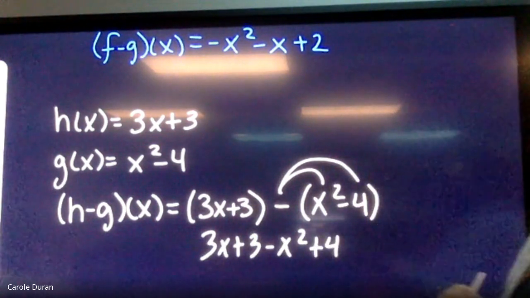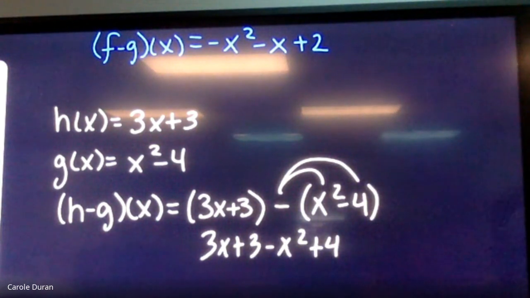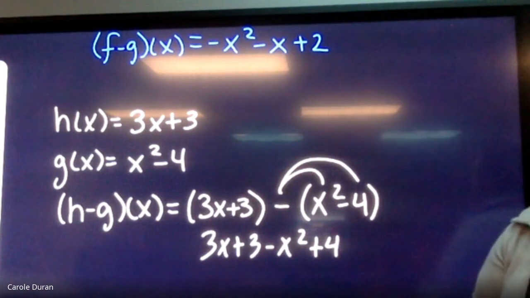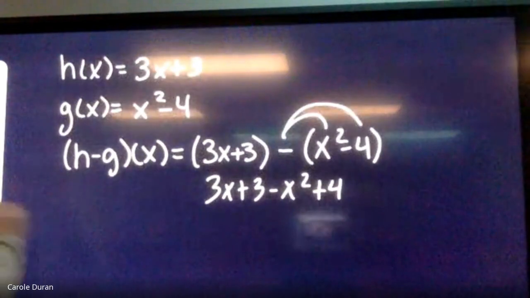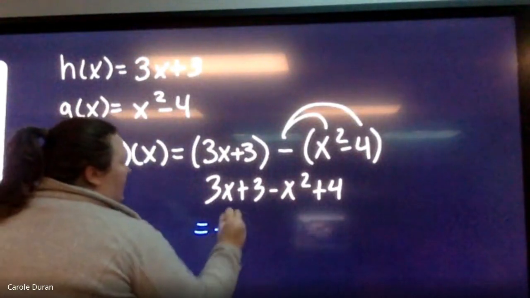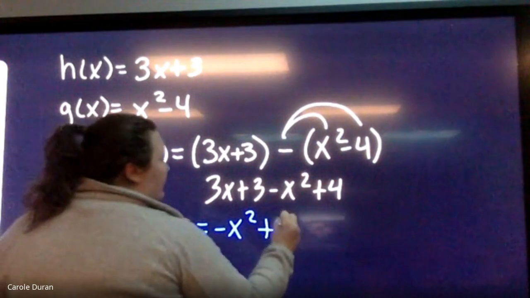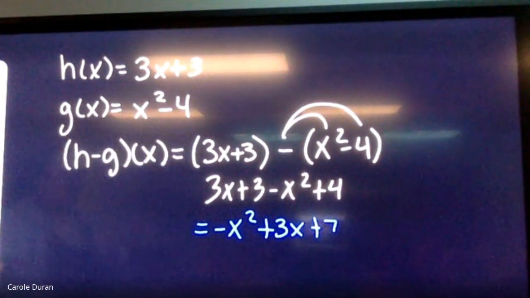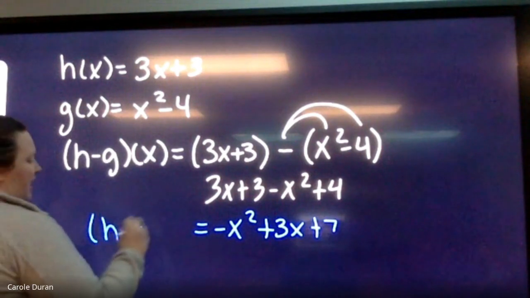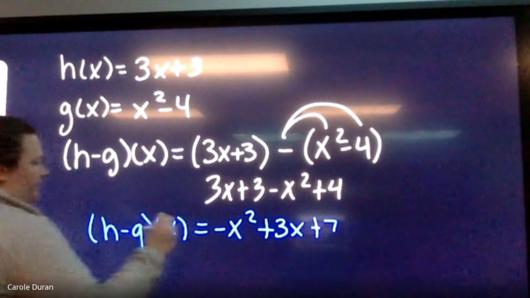So when I distribute the negative, I should get 3x plus 3 minus x squared plus 4. Is there anything I can combine here? Yes, the 3 and the 4. I'm also going to reorder this so it actually looks like a quadratic with my x squared first. So this becomes negative x squared plus 3x plus 7 because 3 plus 4 is 7. And then that is what h minus g of x is equal to.